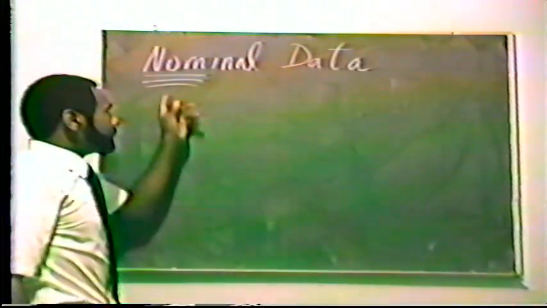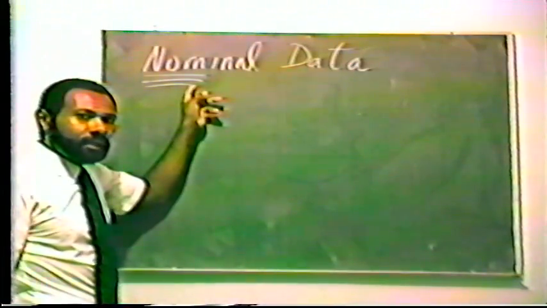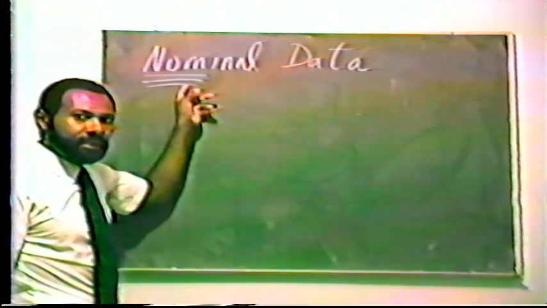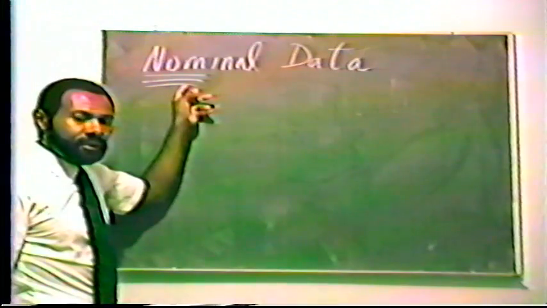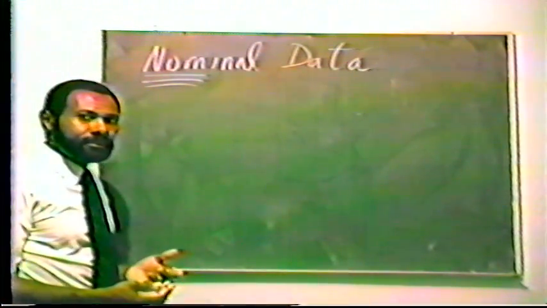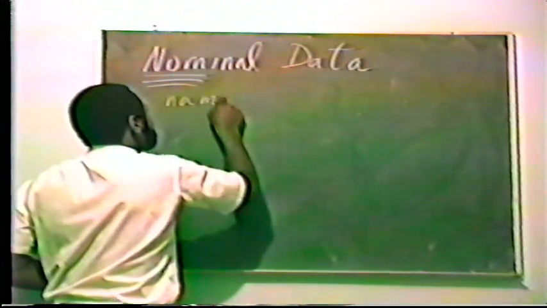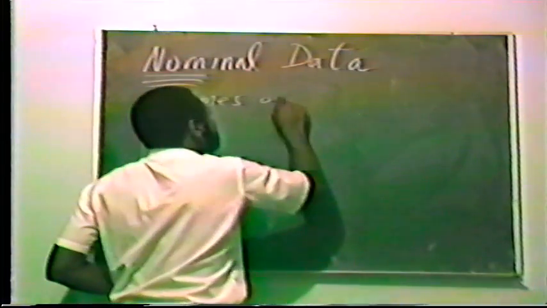As you can probably tell by the prefix in this word, nom, these data are characterized by names. The prefix nom means name. So these data are characterized by names or categories.